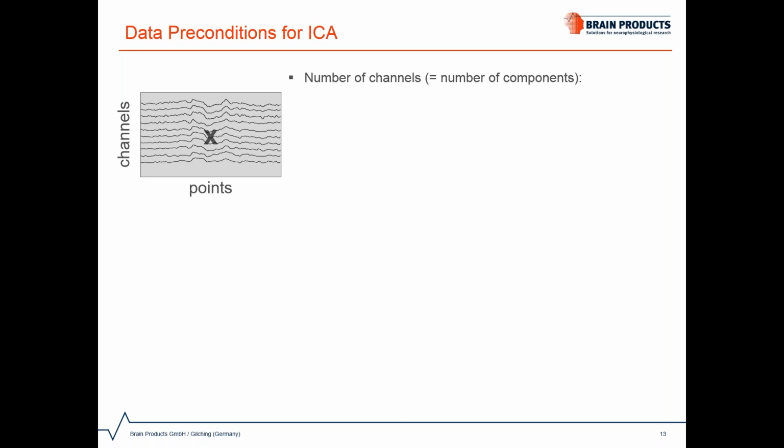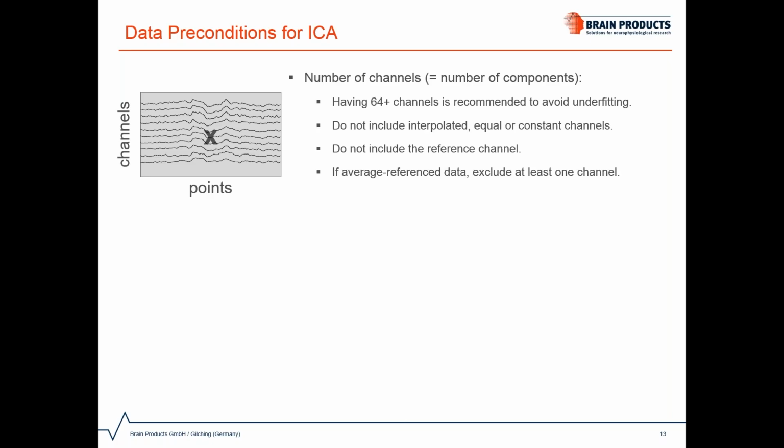Therefore, it is generally advisable to feed a larger number of channels, like 64 or more, into ICA. But especially strong source signals like EOG activity can usually be decomposed well with fewer channels. If the data contains interpolated, equal, or constant channels, these should not be fed into ICA.